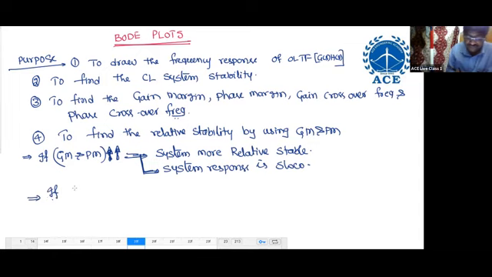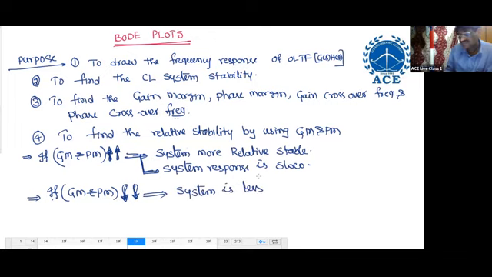In case gain margin and phase margin become very small, what happens? The system is less relatively stable.